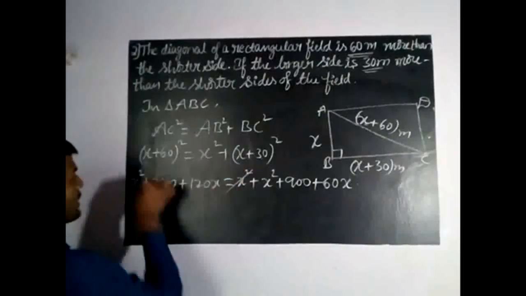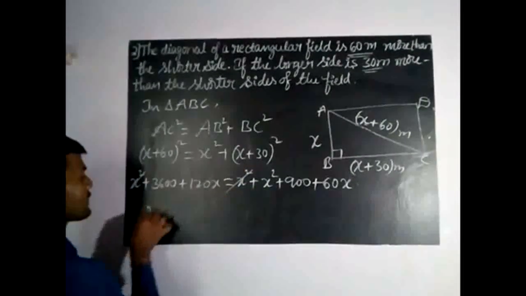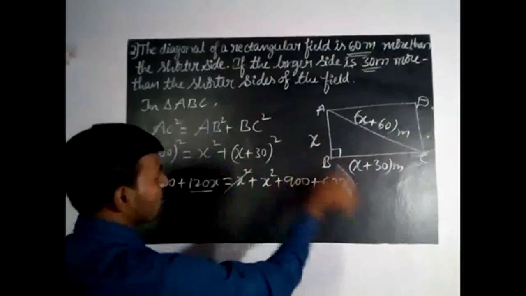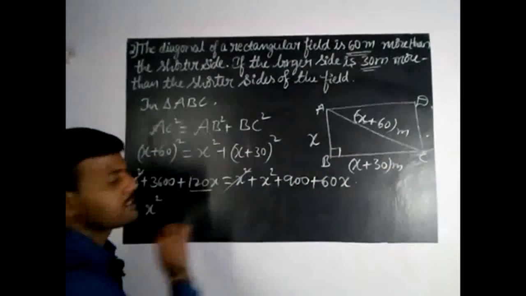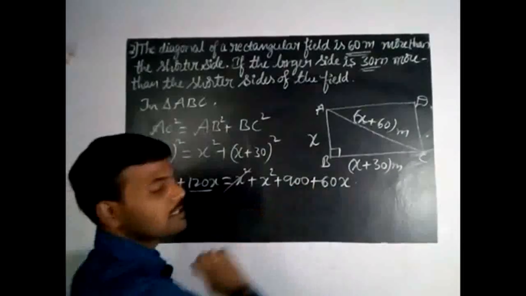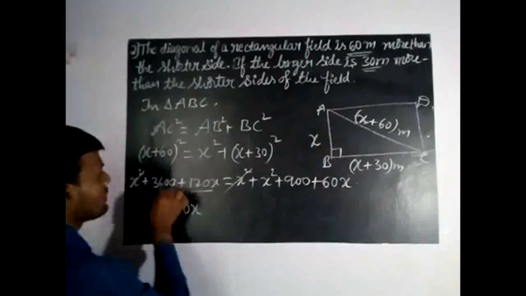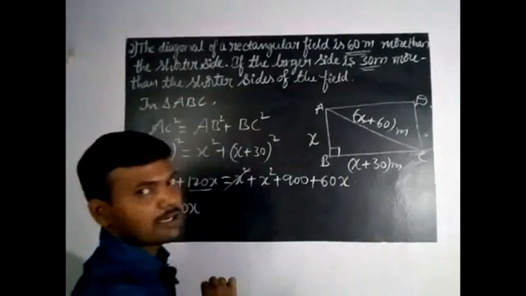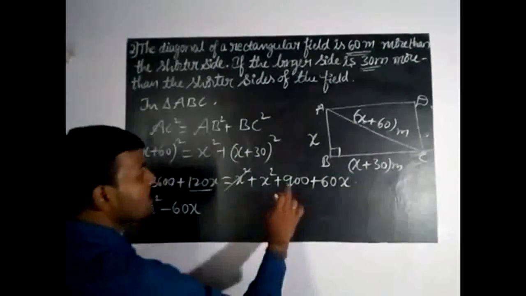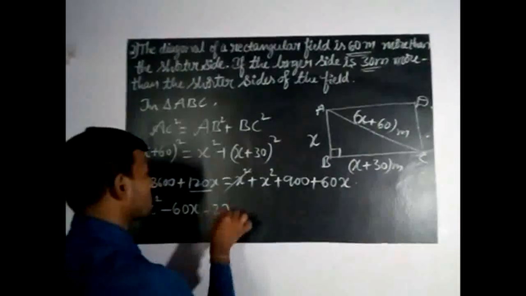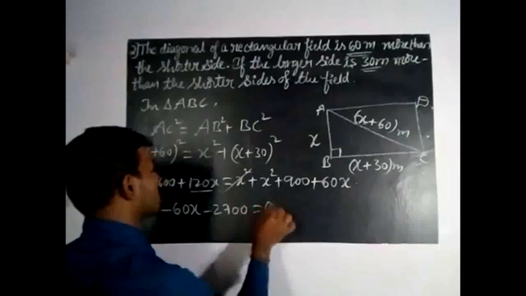Here x square and x square get cancelled, leaving x square. 120x comes to the right side, it becomes minus 120x. Minus 120x plus 60x means minus 60x, and 3600 goes to the other side, it becomes minus 3600. Minus 3600 plus 900 means minus 2700, which is equal to 0.